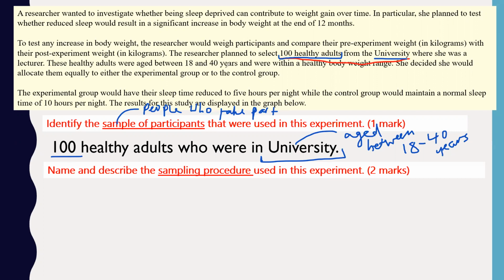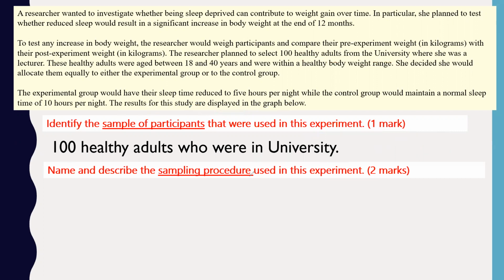Alrighty. What do we think, guys? What do we think the sampling procedure is? Given that we've learned about a few different types of sampling, like random sampling, convenient sampling, stratified sampling, reading the scenario, what do you think the sampling procedure was that was used in this experiment?